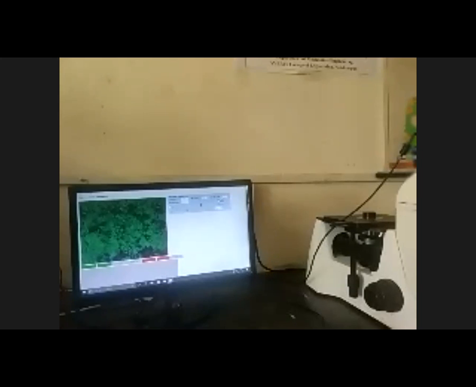The specimens are there, and we already studied these microstructures in the tables, and we will see them on this PC.